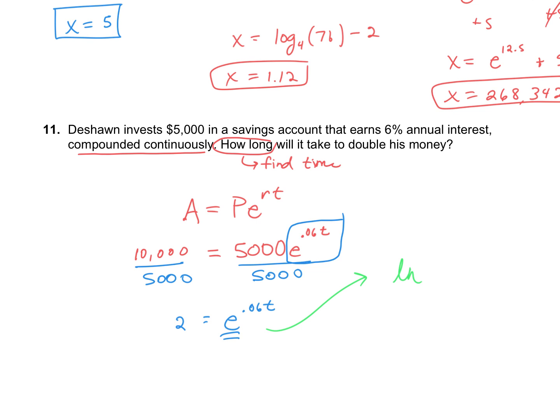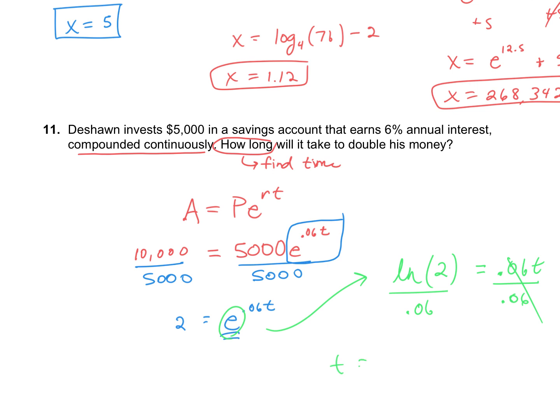Remember, it always is equal to the exponent, so 0.06t. So it's the natural log of 2. So we just went from exponent form to log form. We used a natural log because of the base of e in exponent form. Now to get the t alone, we're going to divide both sides by 0.06.